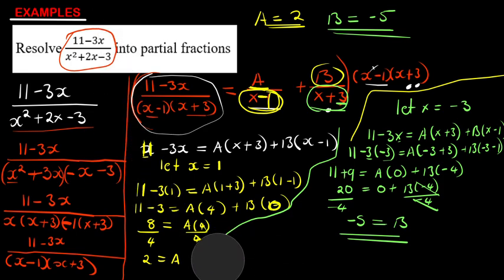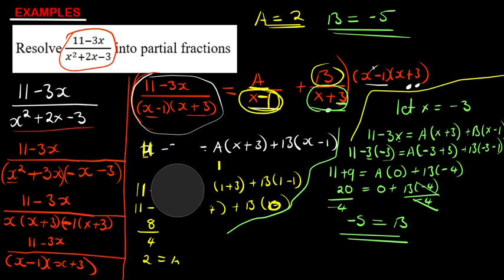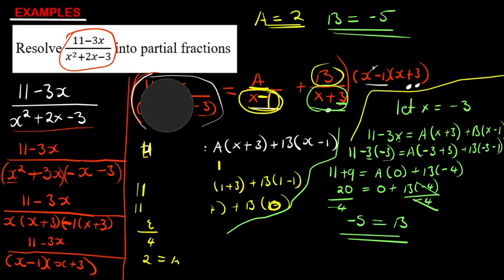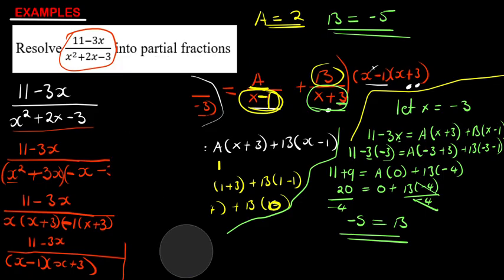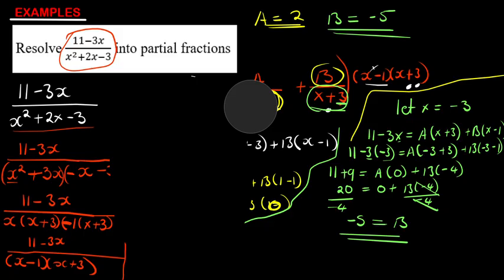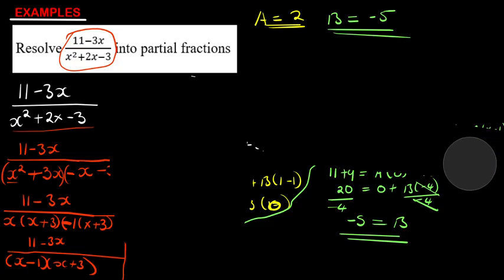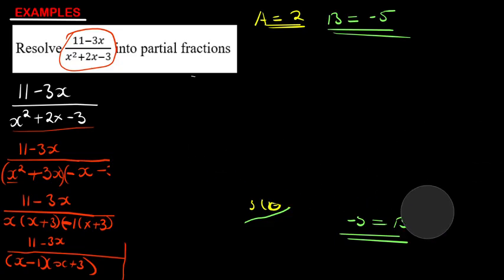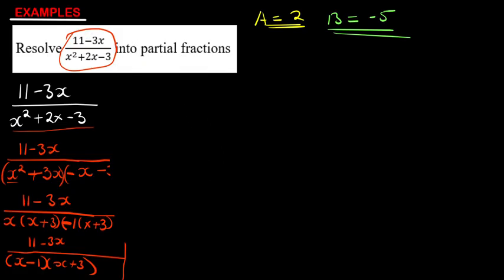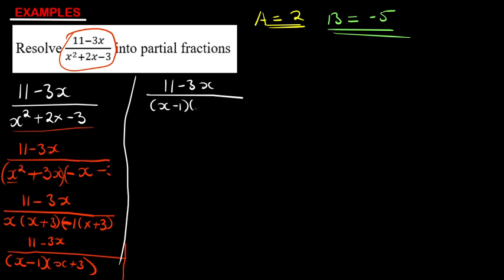Then the next thing now, I will write this, let me just wrap this part. I'll write where there are those letters, the ones that we estimated. So you have 11 minus 3x over (x minus 1)(x plus 3).